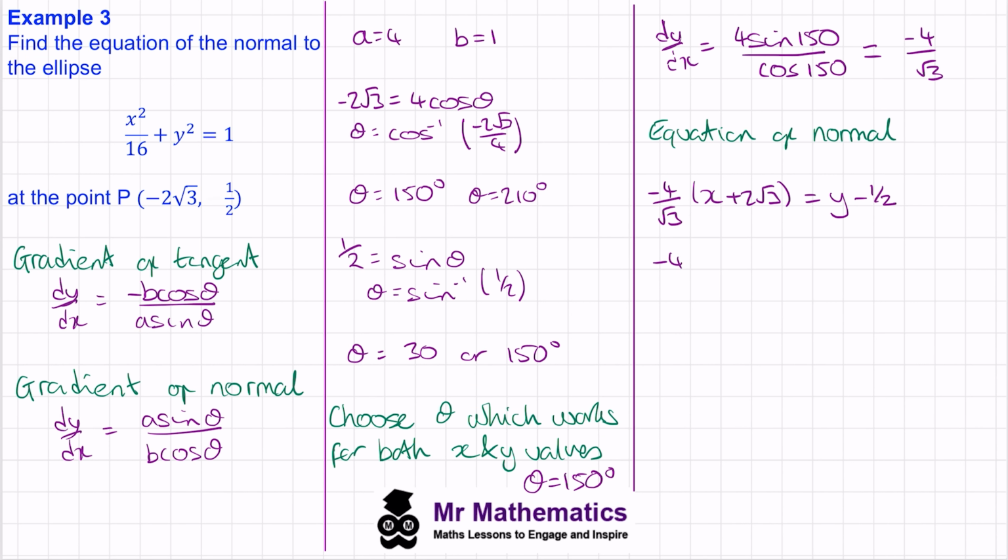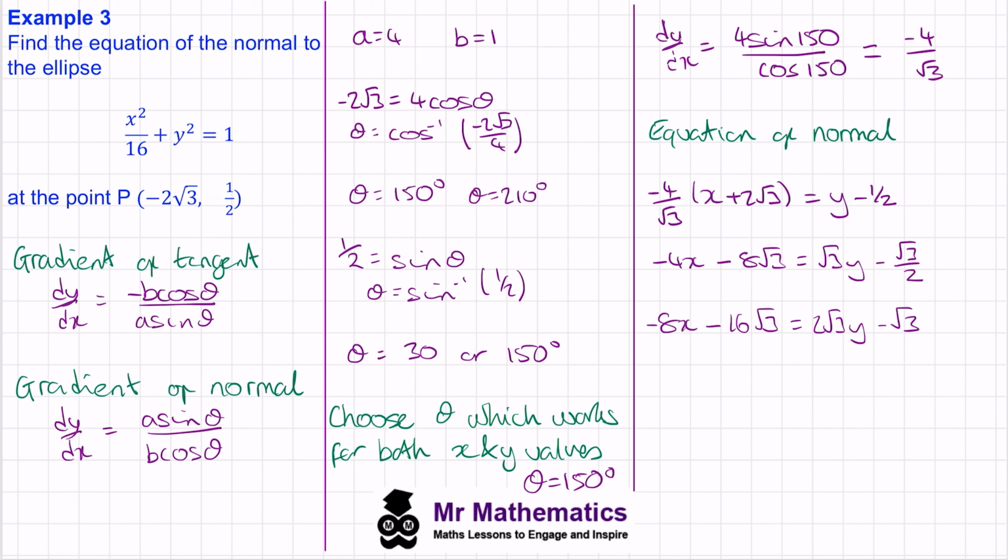So we get negative 4x minus 8 root 3 will equal root 3y minus root 3 over 2. And now we'll multiply out the 2 to cancel out this division. So we get negative 8x minus 16 root 3 will equal 2 root 3y minus root 3.